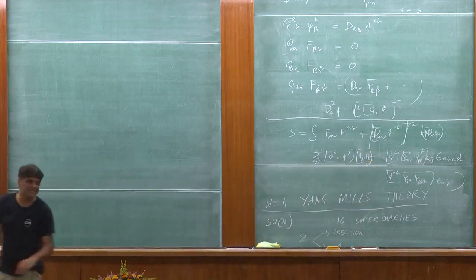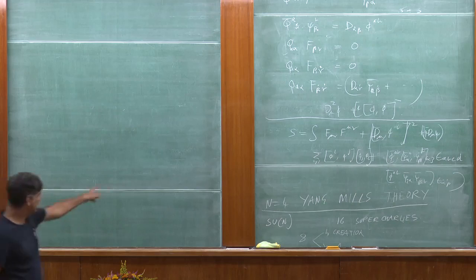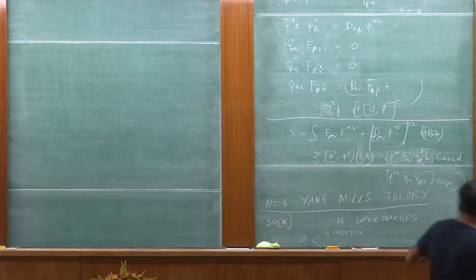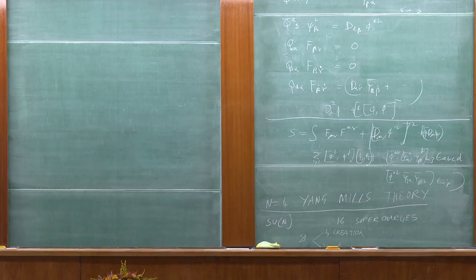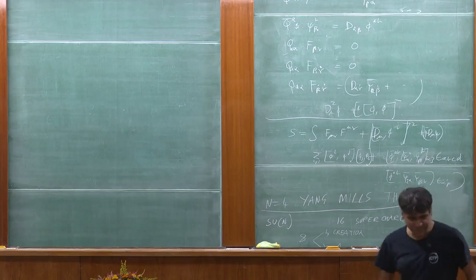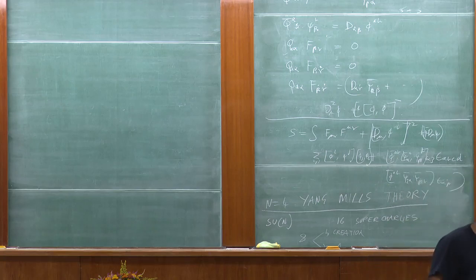Vector indices can be raised and lowered at will. So the Lagrangian of the N equals 4 theory has an overall coupling constant outside, and then the Lagrangian looks like this. That's all I wanted to say about what the N equals 4 theory is, what its Lagrangian looks like, and of course the fact that it's conformally invariant.